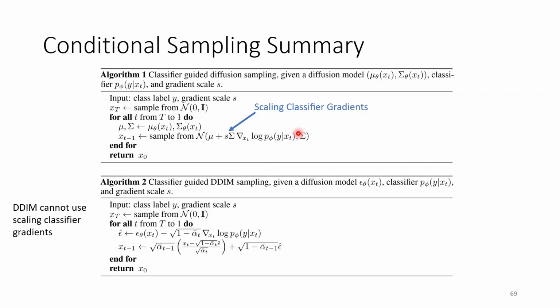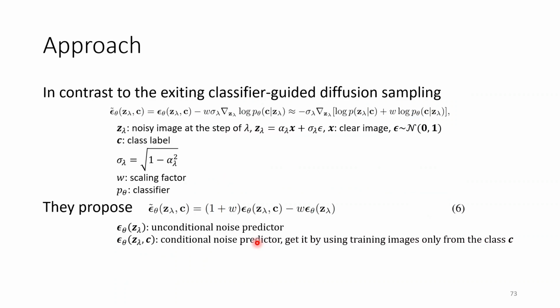Although they use different symbols, the meaning is the same. Here they use the symbol W. It means the scaling factor. And it also applies to the gradient of the classifier. So the classifier is the P theta. Okay, so this is the existing method.